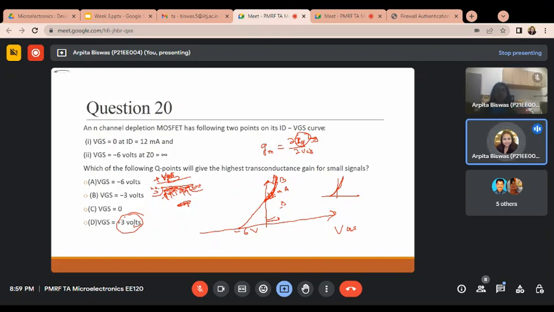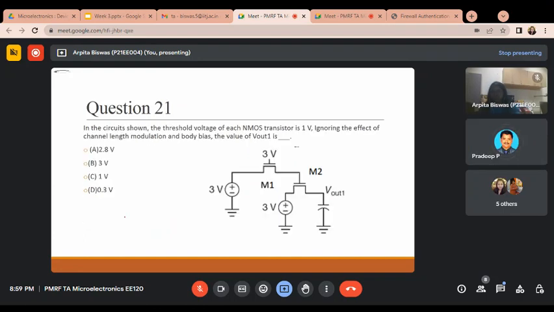Okay, so the current will increase rapidly when the VGS value is positive. And here the Q point will give the highest transconductance. So transconductance will be high when the VGS value is positive. So only the fourth option, where the VGS value of 3 volt is applied. So in that case, we are going to get the highest transconductance gain. Okay. Fine. So this is the question number 21.